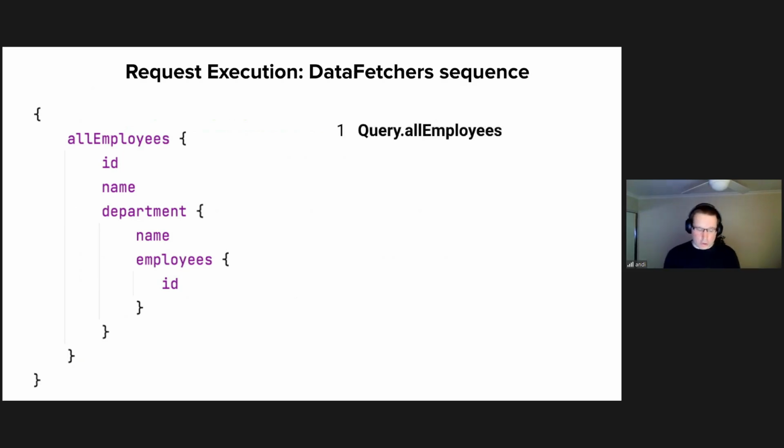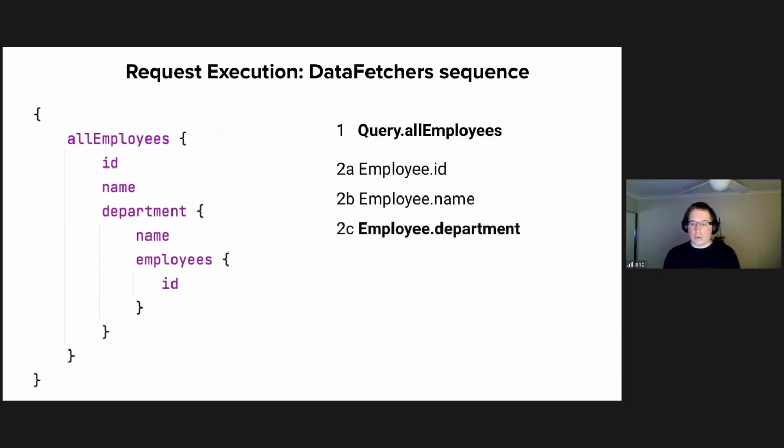So how GraphQL Java would execute this query is by first calling the all employees data fetcher. Then we actually call the 3 data fetchers in parallel. We call employee ID, employee name, and employee department at the same time because we can. It's not necessary to wait on each other. So we can execute all 3 data fetchers at the same time.